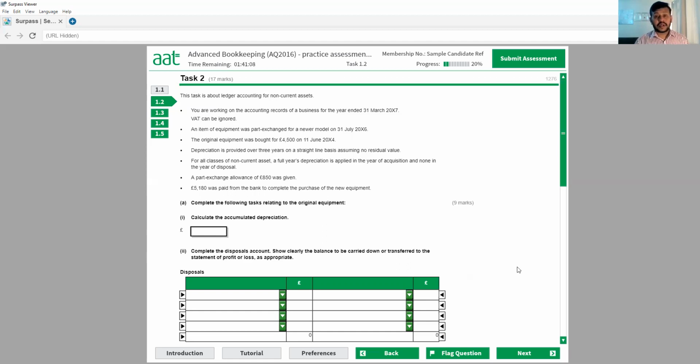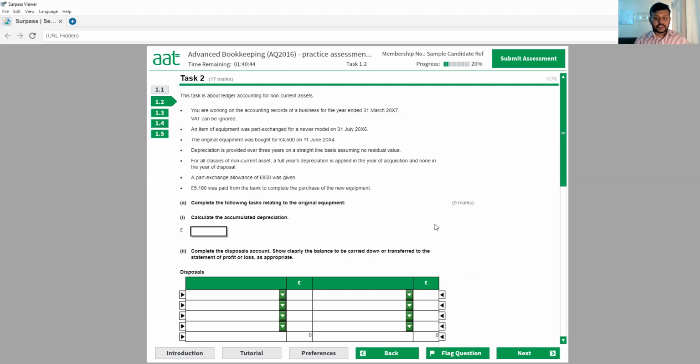When you remove the accumulated depreciation, what is the journal for that? When you sold the asset and get some money in the bank, what is the journal for that? When you do the part exchange, what is the journal for that? There are 5 journals that you have to understand and memorize because you're going to see this one in the exam for sure.